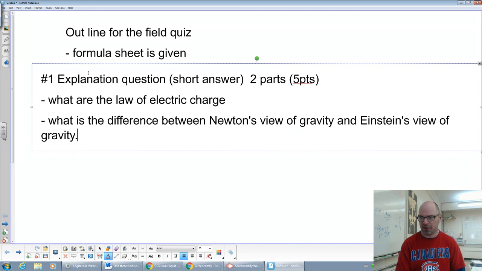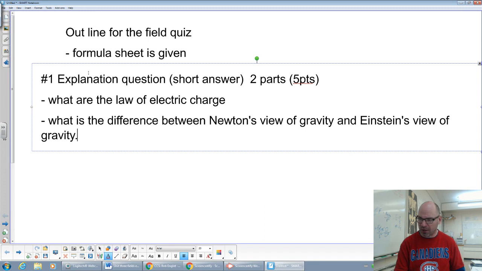Whereas Einstein looked at gravity as an effect, the effect that happens when you bend or curve space, and he used analogies to describe that, like the trampoline with a bowling ball on it making a divot, and that divot is kind of the gravitational force. Those are the two views on gravity.